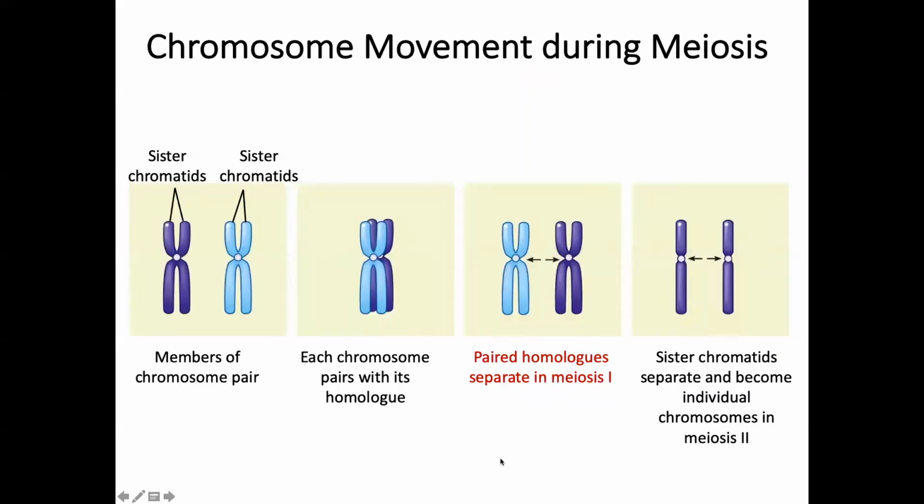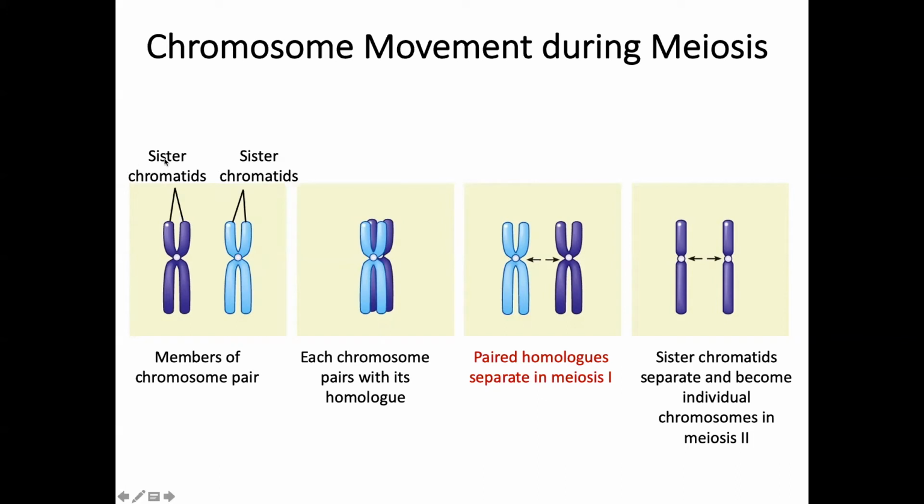Let's first take a look at the chromosome movement during meiosis to identify when crossover happens. This picture shows a pair of homologous chromosomes, one paternal and one maternal. After DNA replication, each of them has 2 chromatids named sister chromatids.